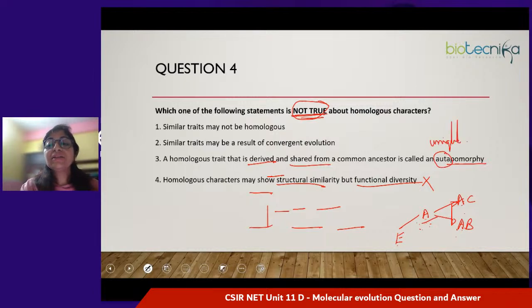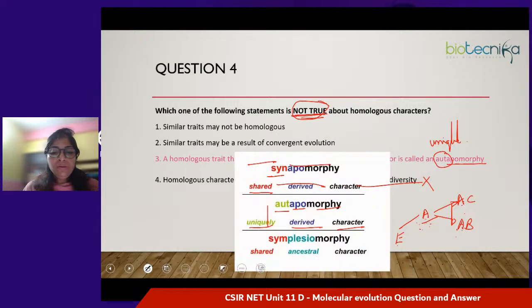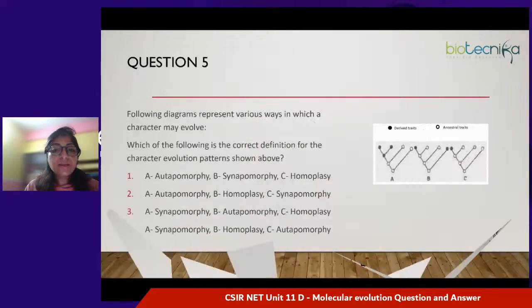Any character that is uniquely present in a particular group or species only, not present in the ancestor, not present in the sister taxa, is called autapomorphy. If the character is shared between the most recent common ancestor and the sister taxa, then it is called synapomorphy, not autapomorphy. So that's why option number 3 is the answer here.